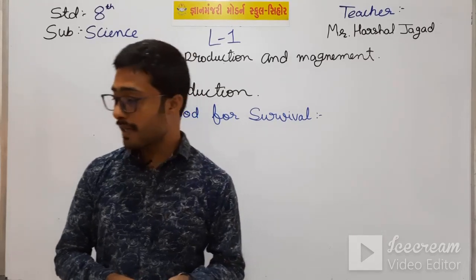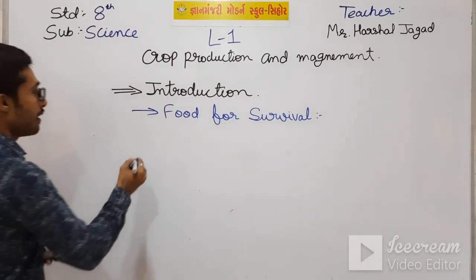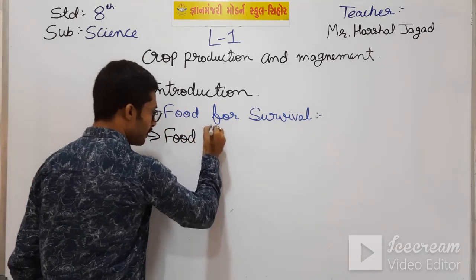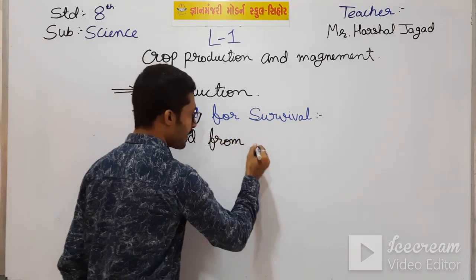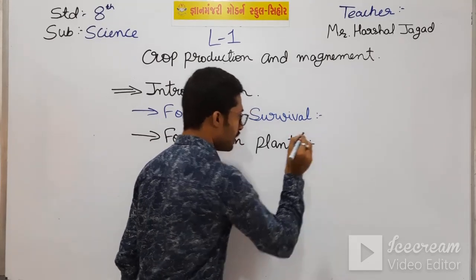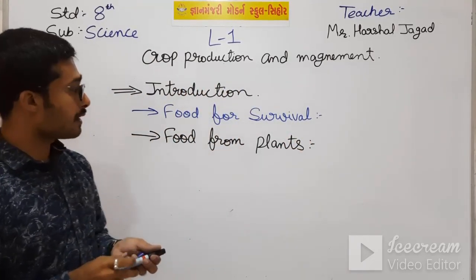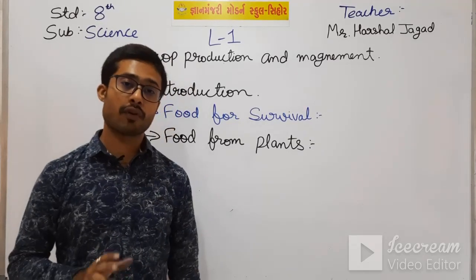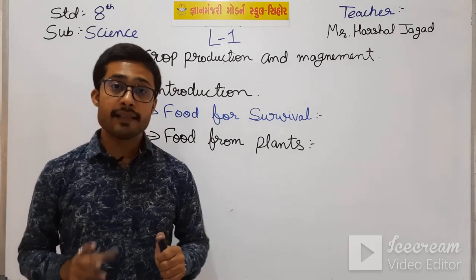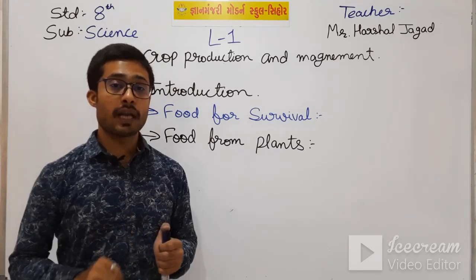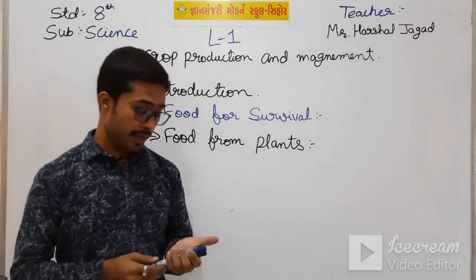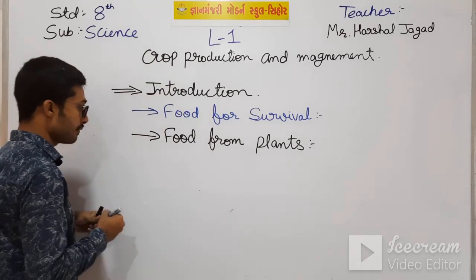The next point was food from plants. In food from plants we studied the definition of crops. We all know the definition of crops, okay? And then we studied two types of crops, Kharif crop and Rabi crop. Let me write here.